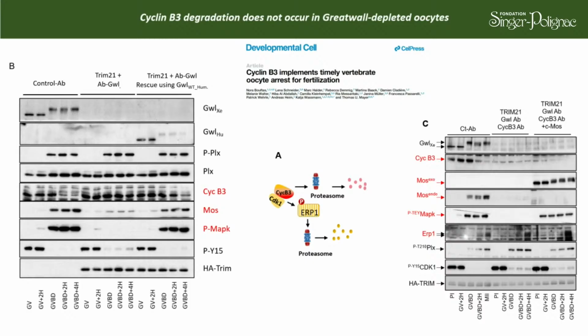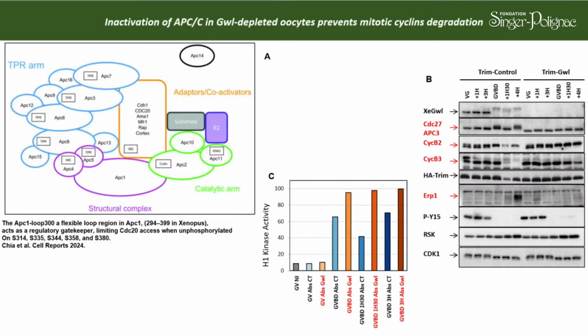So to understand why cyclin B3 is not degraded in the absence of Greatwall, we knew that cyclin B3 was degraded in an APC-dependent manner, and we tested whether Greatwall can also regulate the APC.